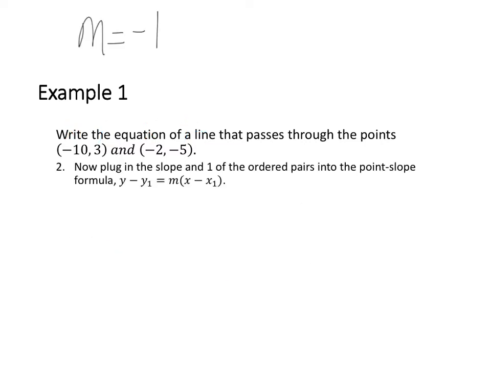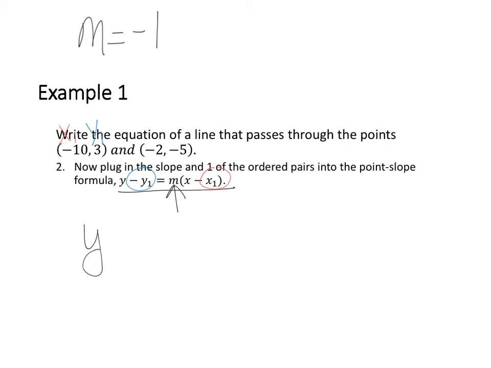Alright, so I have a slope of negative 1, and what I'm going to do with that slope is take that slope and my first ordered pair, my x1 and my y1, and plug it into my point-slope formula. So all I'm substituting in is my x1, my y1, and my slope.